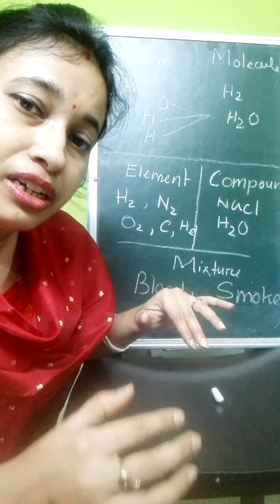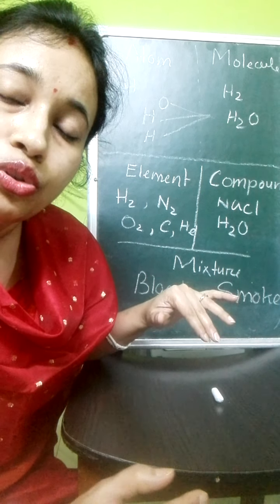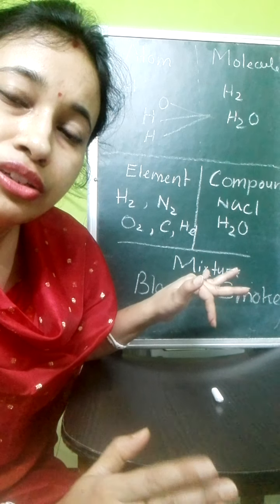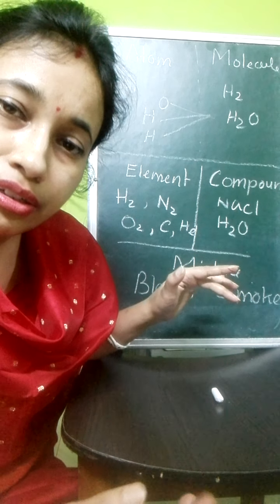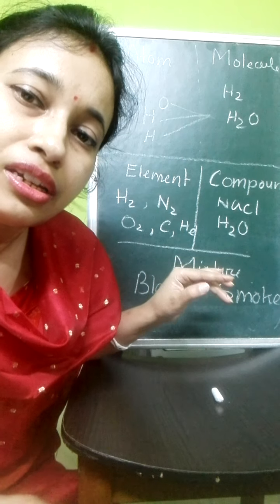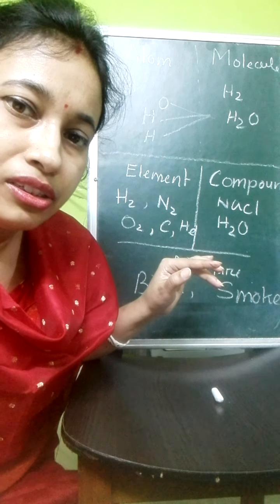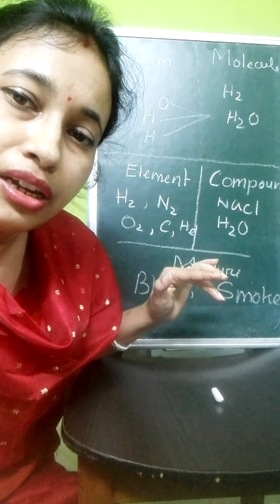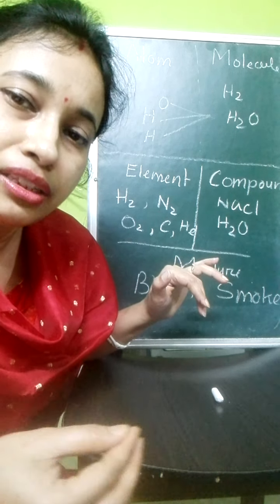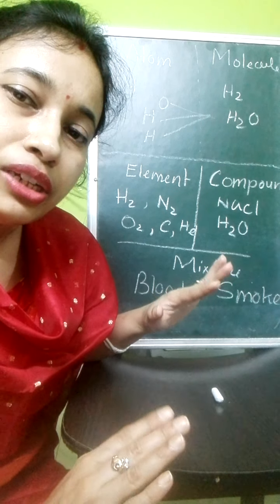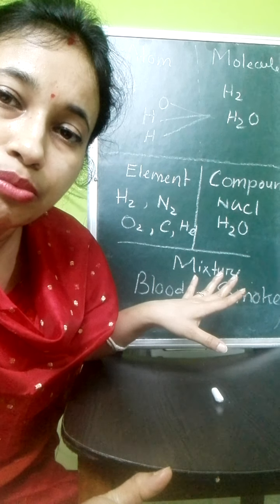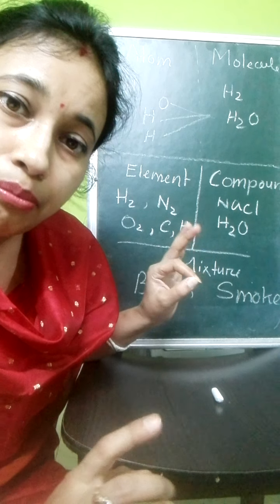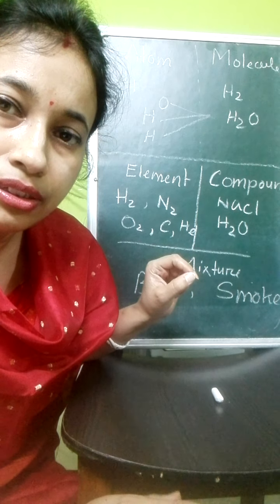Since it is combined in a definite ratio, you cannot separate the constituent elements by any physical method. Of course, by a chemical method, you can separate the constituents, which means you are breaking the compound. But we cannot separate the constituent elements from any compound by any physical method.